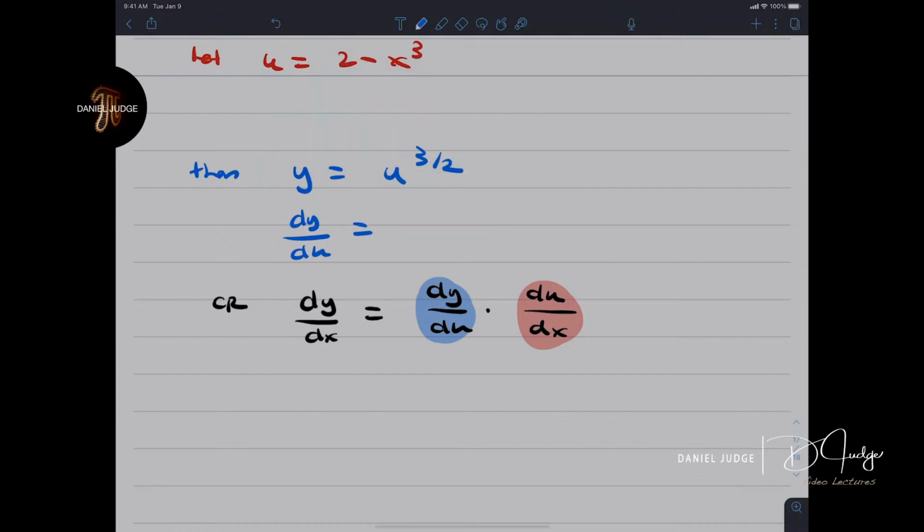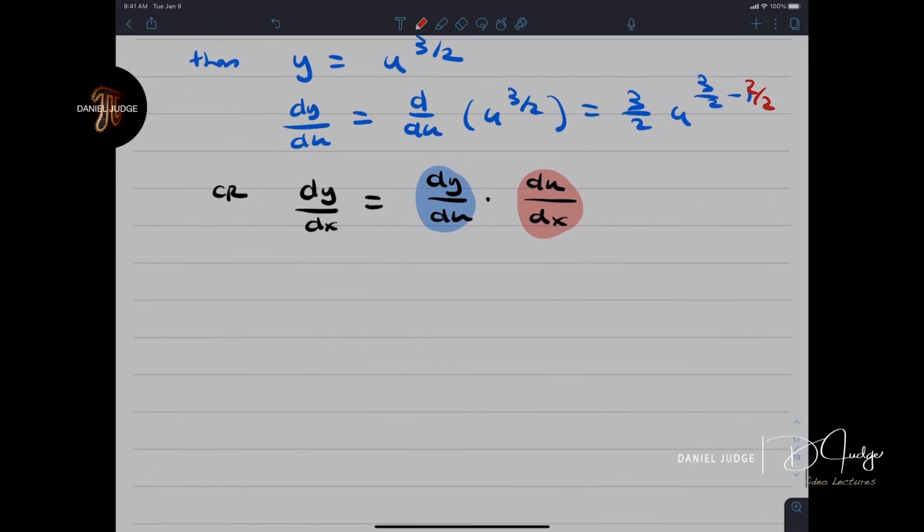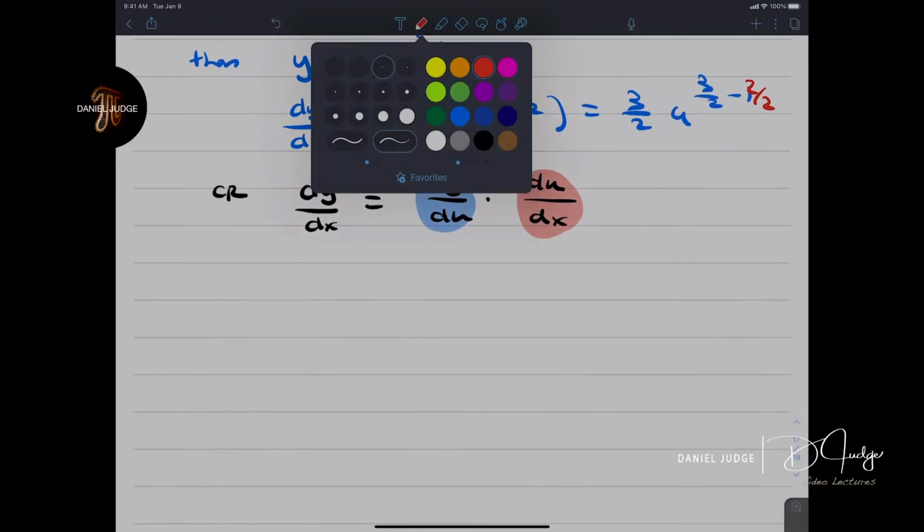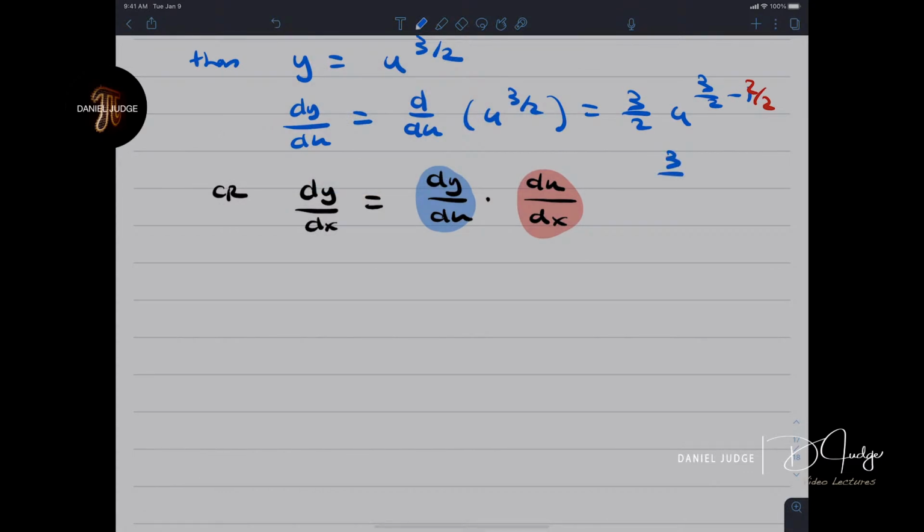dy du is d du of u to the 3/2, which is 3/2 u to the 3/2 minus 1. So use 2/2 for 1. You'll get 3/2 u to the 1/2. So this becomes 3/2 u to the 1/2.